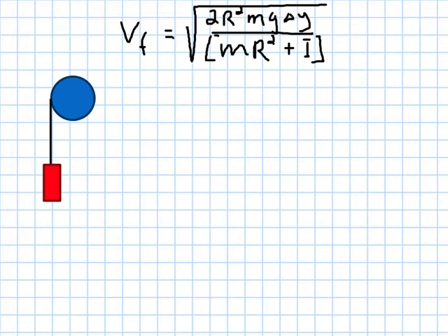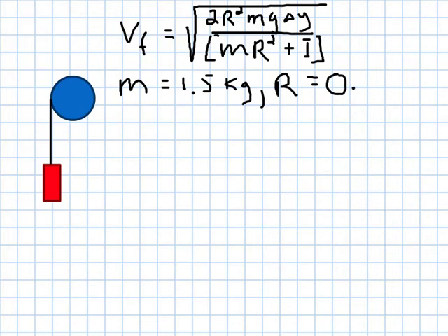So let's start figuring out what's going to go in here. Little m, the hanging mass, that was 1.5 kilograms. The radius of the pulley was 30 centimeters, which is 0.3 meters. Delta y is 2 meters.